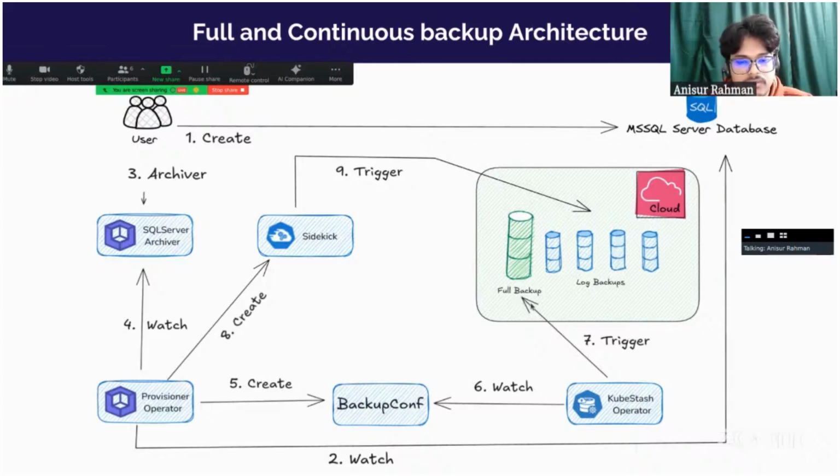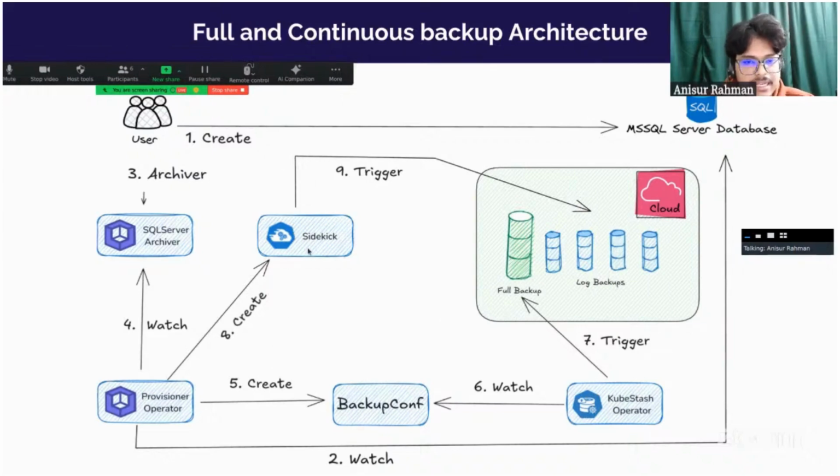And the user can provide a customizable schedule for full backup, for example daily, weekly, monthly, yearly, or whatever the user wants. Once the first full backup is done, I mean the corresponding snapshots of a specific full backup are done, then the Kubestash provisioner will create the sidekick.